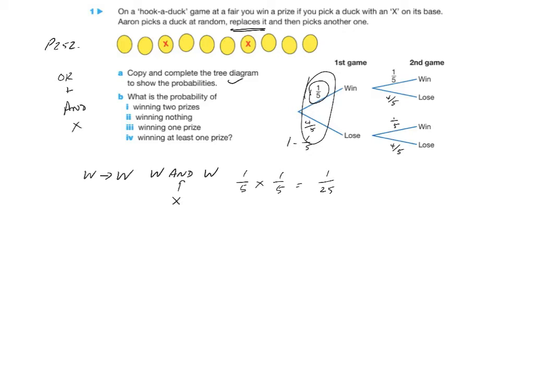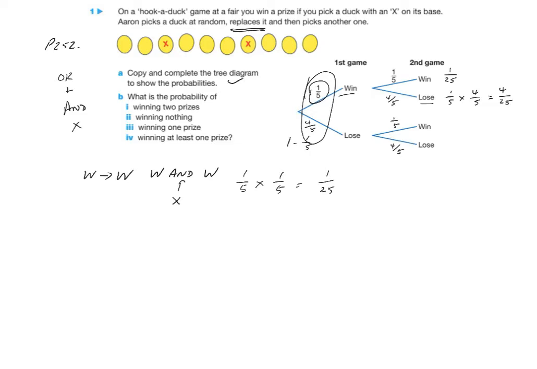In fact, let's do that for all of the different possible outcomes, right? So I've got win and win is 1/25. I just worked that out. What about win lose? Well, that's going to be 1/5 times 4/5. It's got to be win and lose. So that's going to be 4/25.